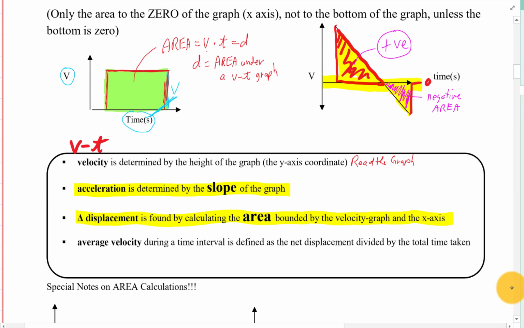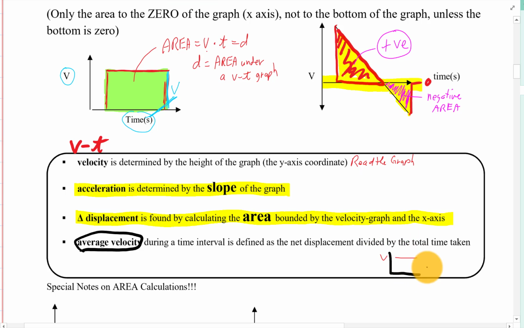Okay, and the thing that I haven't talked much about and won't talk much about, but here it is. The average velocity during a time interval is defined as the net displacement divided by the total time. If I have a velocity time graph, how do I get the average velocity? Well, it's a no-brainer, at least if it's not changing.